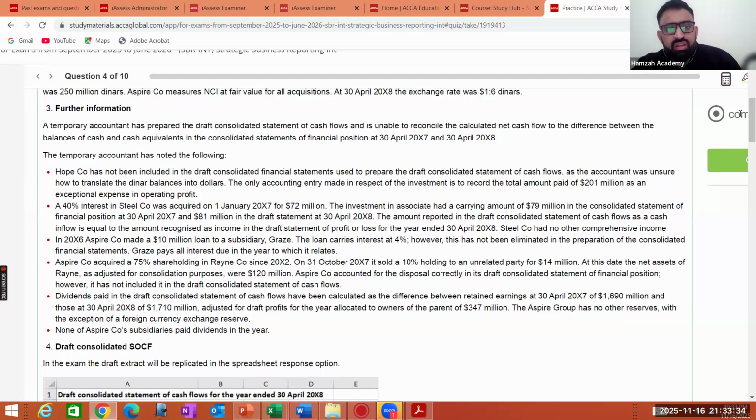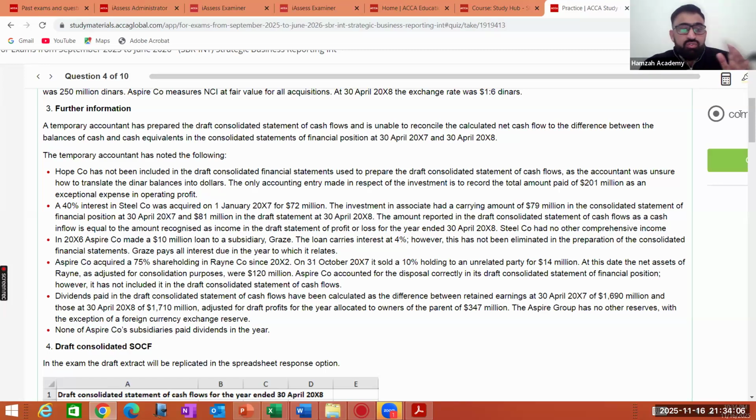Hope Company has not been included in the draft consolidated financial statement used to prepare the draft statement of cash flow, as the accountant was unsure how to translate the dinar into dollars. The only accounting entry made in respect of the investment is to record the total amount of 201 million as an exceptional expense in operating profit.